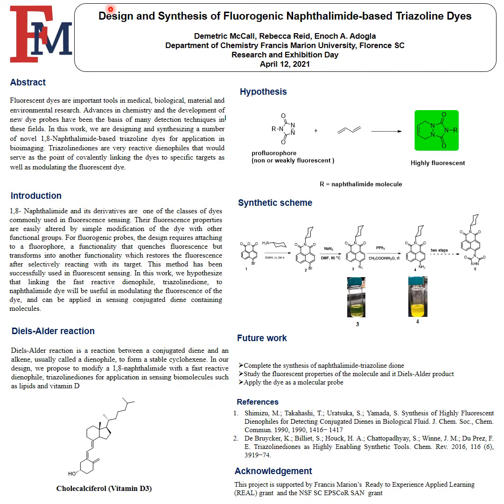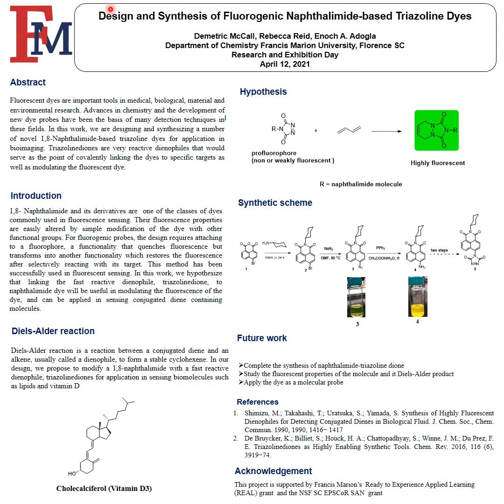In this work, we hypothesized that linking the fast reactive dienophile triazolinedione to naphthalimide dye will be useful in modulating the fluorescence of the dye and can be applied in sensing conjugated diene containing molecules. So this reaction between the dienophile triazolinedione and the diene is called the Diels-Alder reaction.